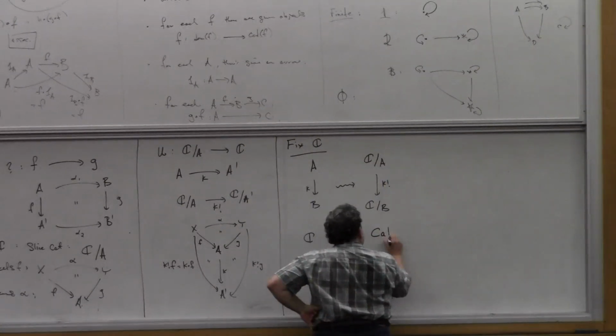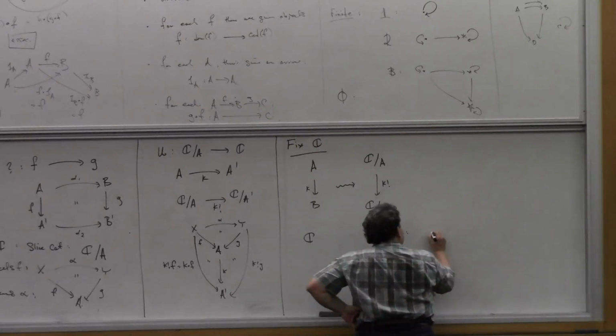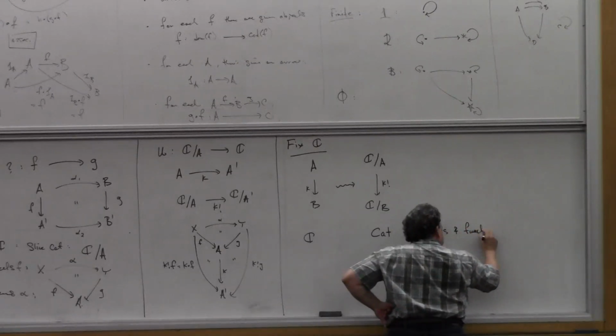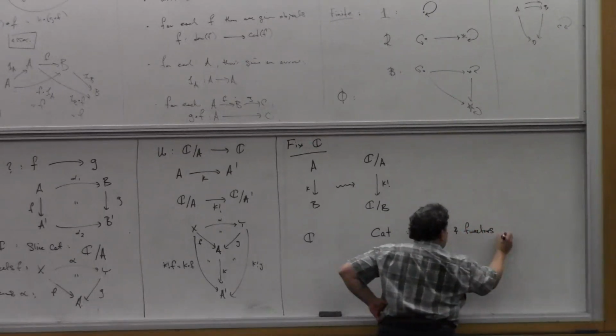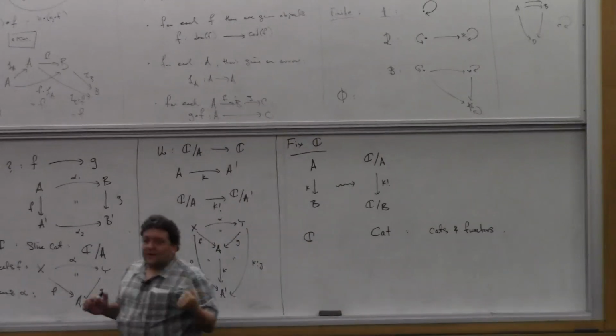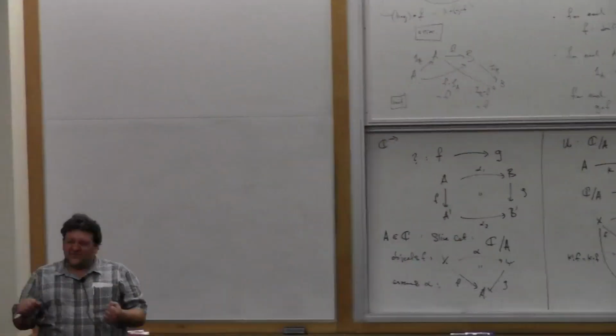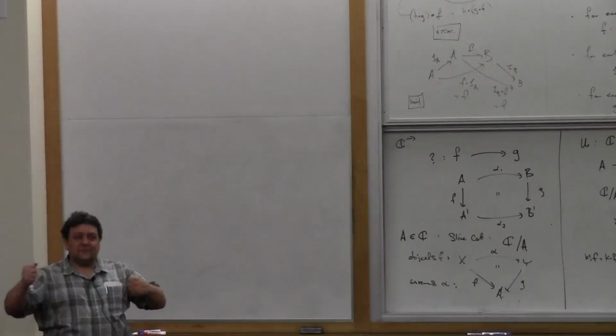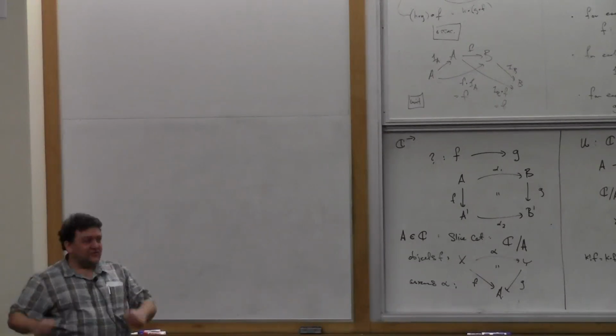Cat is the category of categories. It has as objects categories and as arrows functors. I didn't mention that one before, did I? But it's obviously a category, isn't it? The objects are categories, the arrows are functors. The composition is just composition of functors. It's like functional composition because these things are functions in each argument.